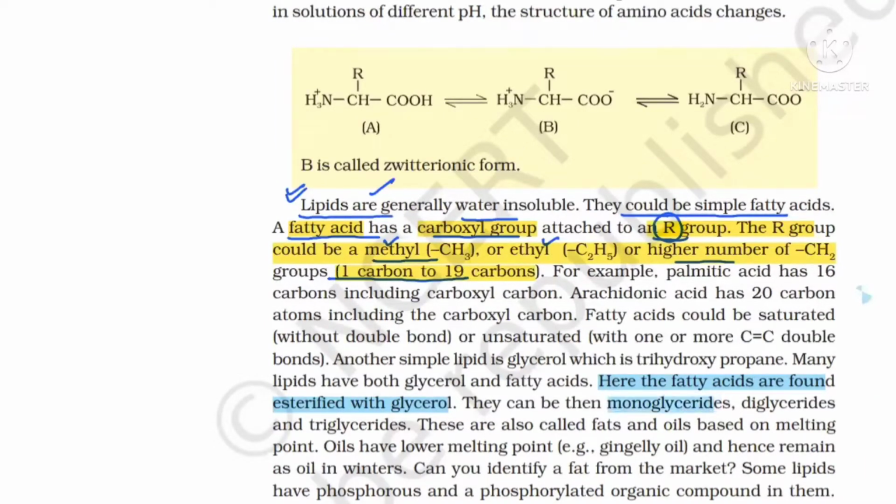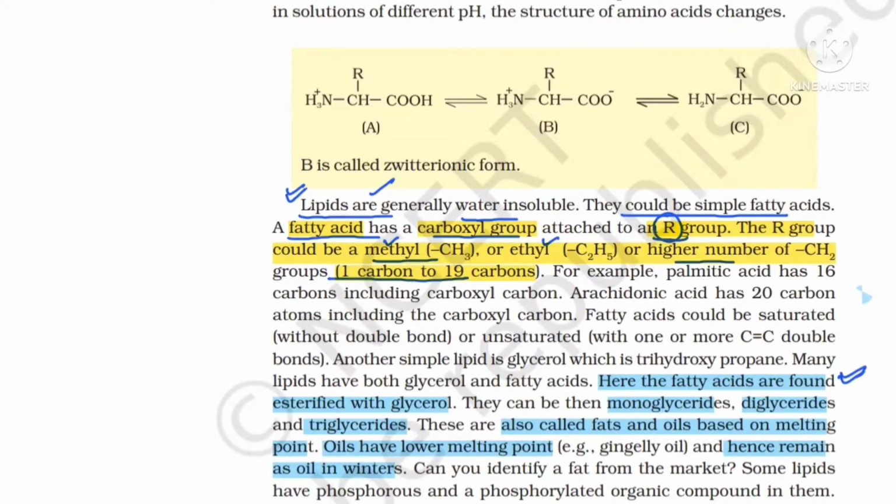If 2 fatty acids are attached, diglyceride. If 3 fatty acids are attached, triglyceride. They can be fat or oil based on the melting point. Oils have a low melting point and remain liquid in the winter also. Is it clear? So this is how fatty acids go for esterification with glycerol.